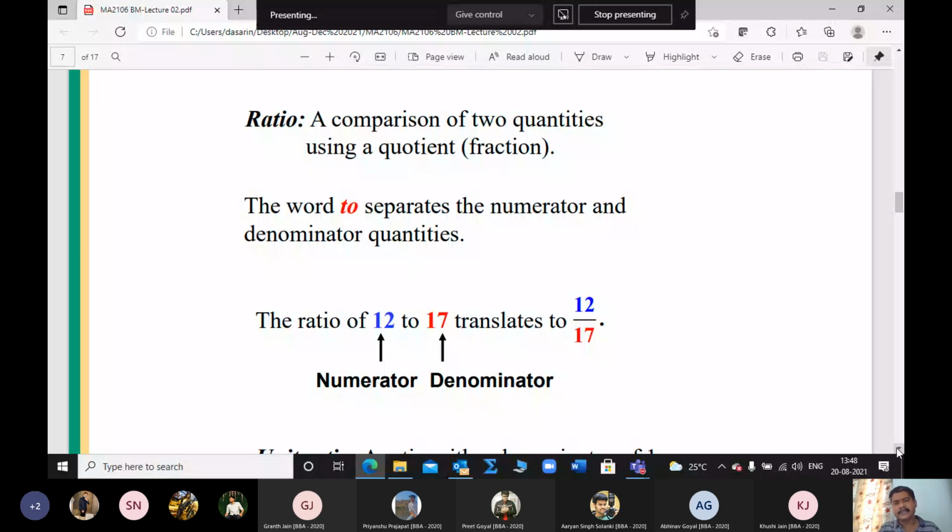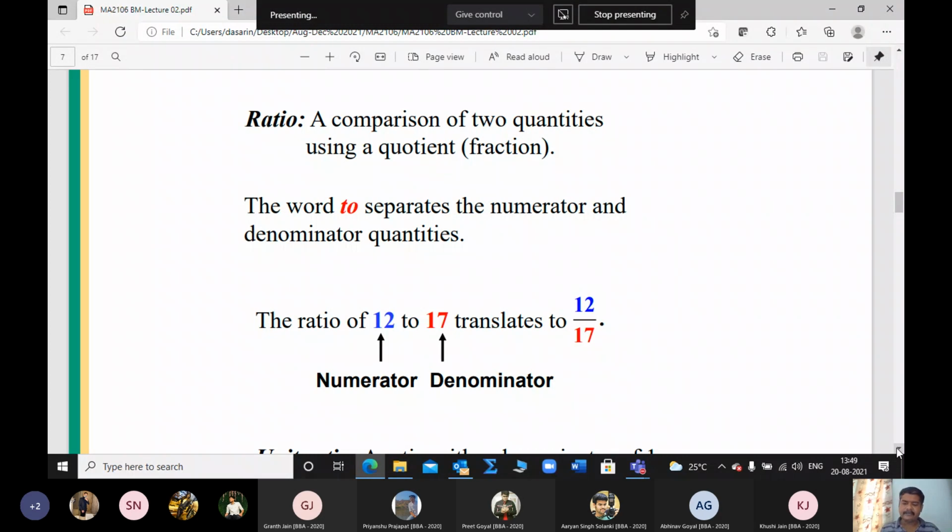It actually means 12 divided by 17. The quantity we put on the top is called the numerator, and the quantity we write at the bottom is called the denominator. So the ratio of 12 to 17, or ratio of 12 and 17, is 12 divided by 17.